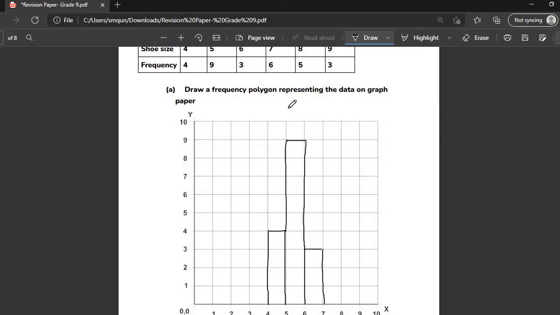All right, that one is not so straight. 7, 6, so that's going to be here. The lines are not so straight, but you get the idea.